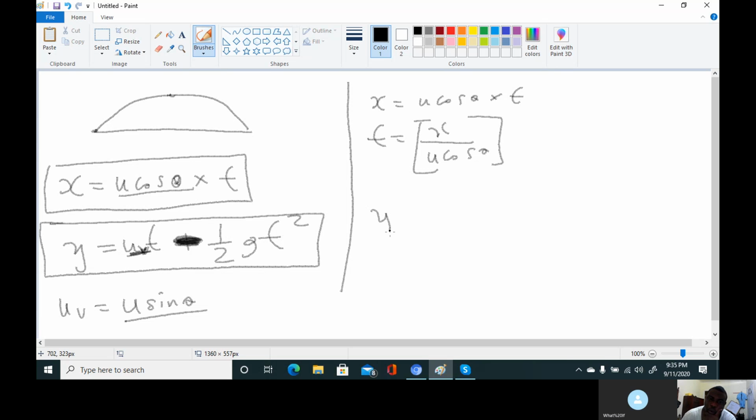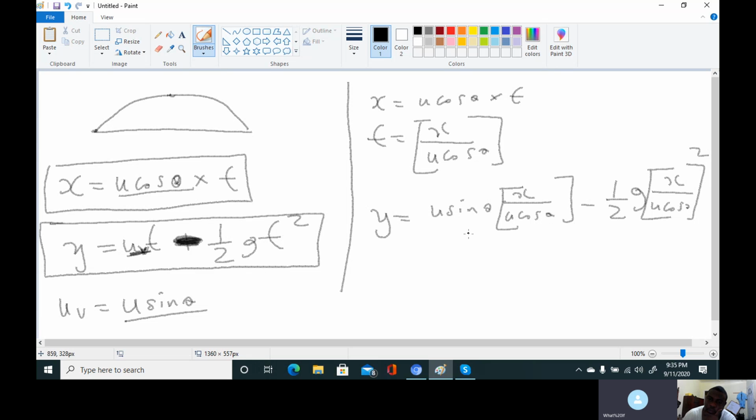So here I should have y is equal to u sine theta, instead of writing t, I'll write x over u cos theta, minus a half g, instead of writing t, x over u cos theta again. Of course, this is all squared.